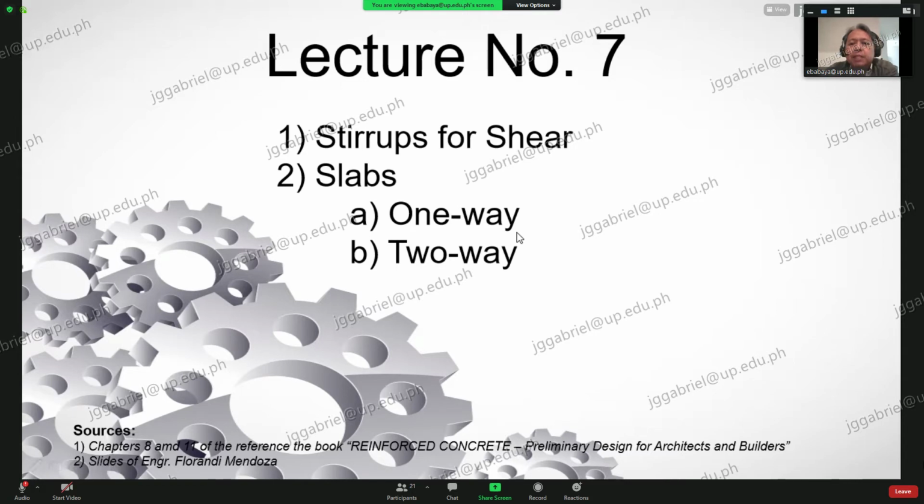So stir-ups for shear, it says. Yung stir-ups, parang pareho yan dun sa ties. You call it ties if it's in column. Okay, pero merong special use yung what we call stir-ups.